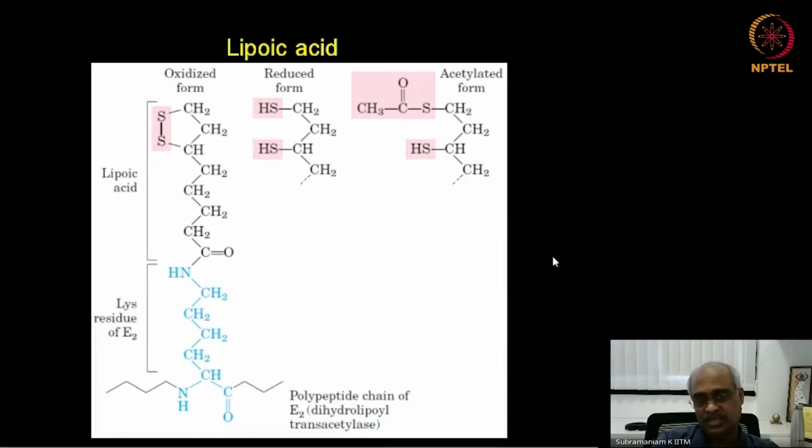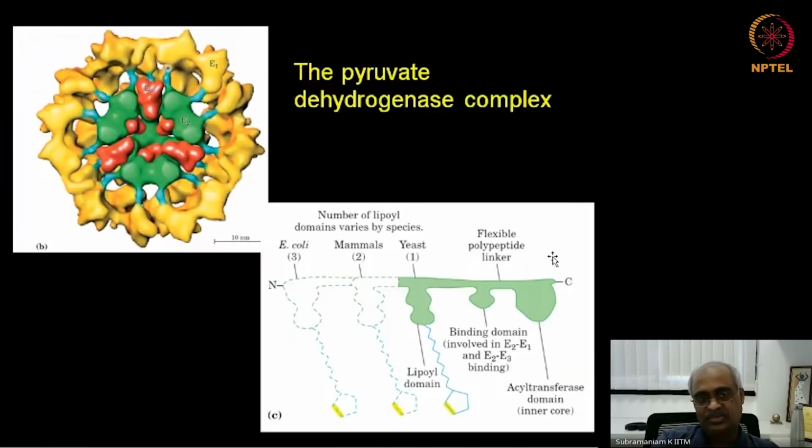So coenzyme A, now we have seen lipoic acid. And the third is thiamine pyrophosphate. I have not labeled it here because we have already learned in detail about thiamine pyrophosphate. And the fourth one is FAD, flavin, riboflavin, we already know. Fifth one is NAD, niacin based.